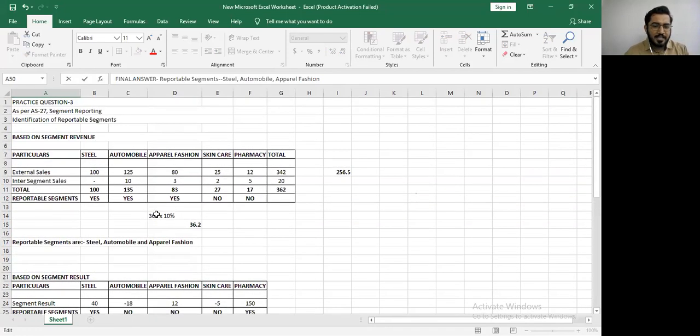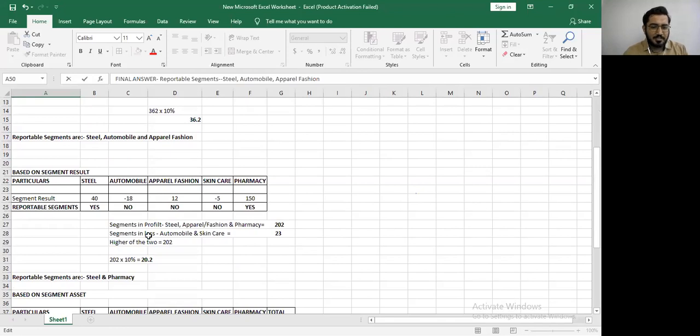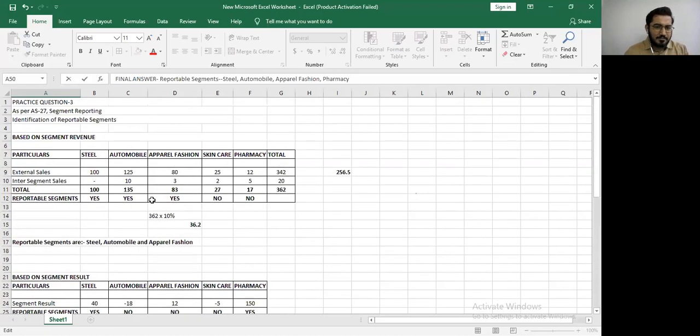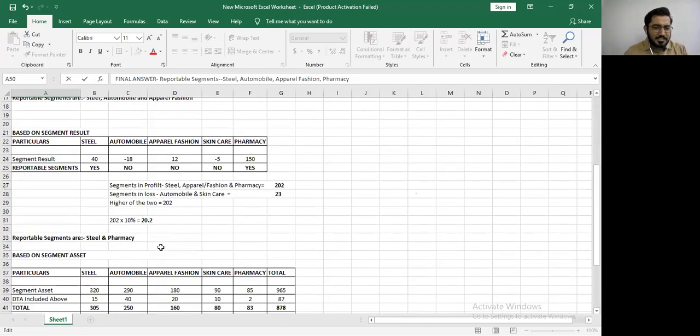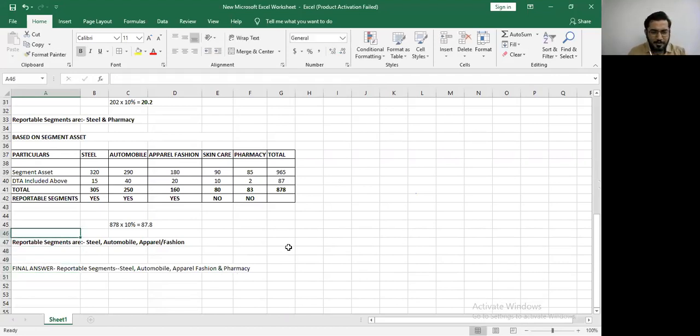If you look at the next one, you have steel and pharmacy. So over here, I will have to add pharmacy. After that, you have steel, automobile, apparel, fashion, steel and pharmacy. So all the segments written over here are your reportable segments, which means we are not separately reporting skincare. Apart from skincare, all segments require separate reporting.